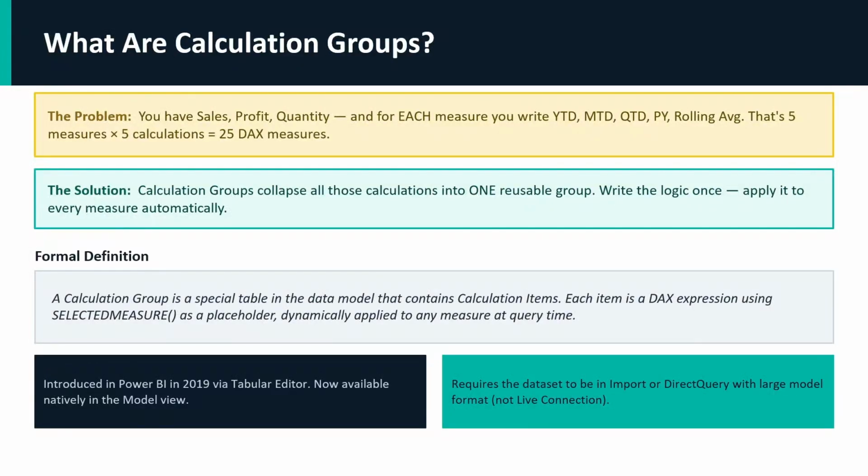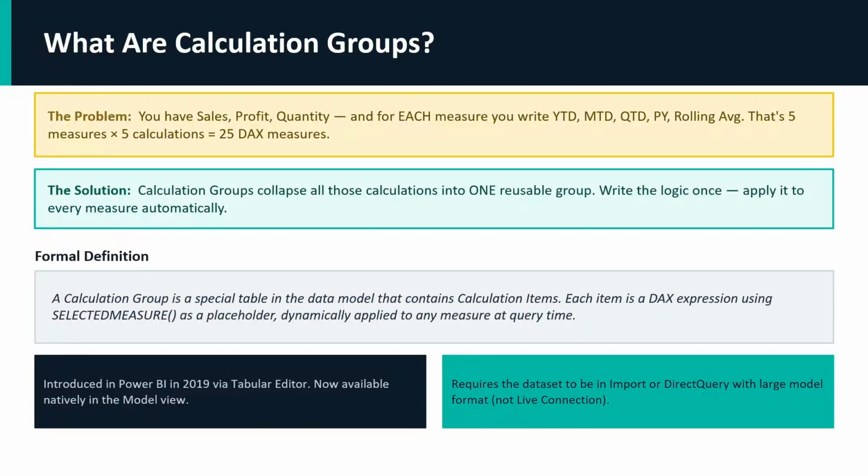What does that mean? It means automatically you need to write 25 DAX measures. And every time anybody wants to add a new measure, you need to add 5 more, because for any new measure they are adding, they must do the year to date, the month to date, the quarter to date, the prior year, and rolling 3-month average. What is the solution? The solution is why we are here in class today: calculation groups.